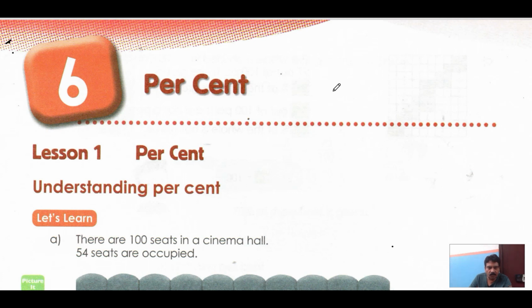Today we are going to start a very interesting and important topic in mathematics called percent. So here, if you observe this, you have one word, per, and another word, cent. So let me tell you what is the meaning of per.